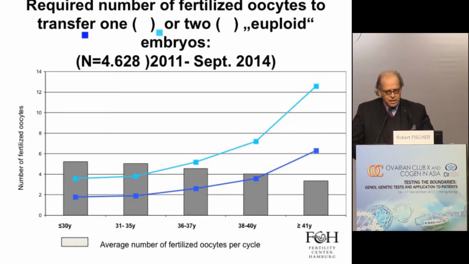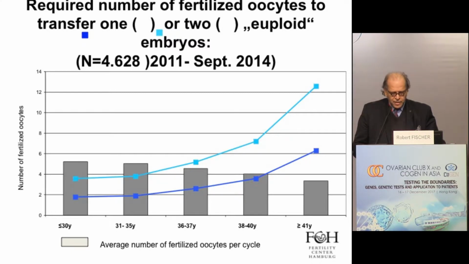So how does it convert into the management of the patient? As you can see, in the younger patient up to the age of 35, you need a low number of fertilized oocytes to get 1 or 2 euploid embryos at the end. At the age of 36 and above, it's already difficult to get 2 euploid embryos.